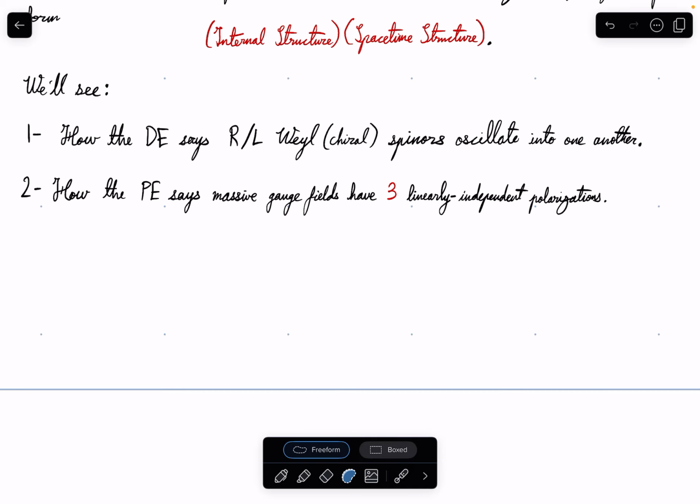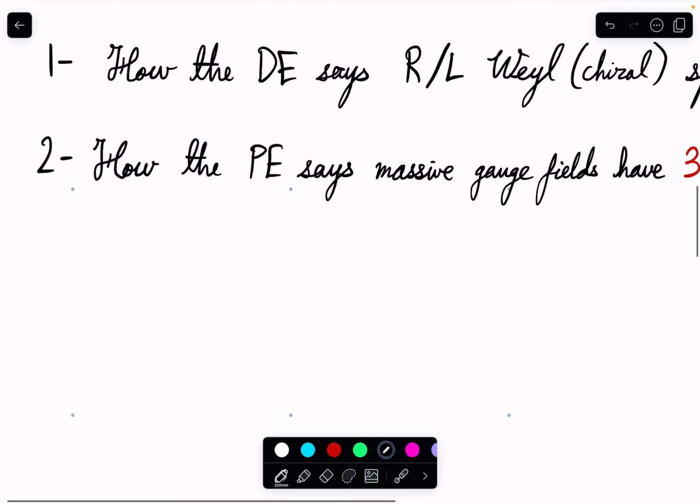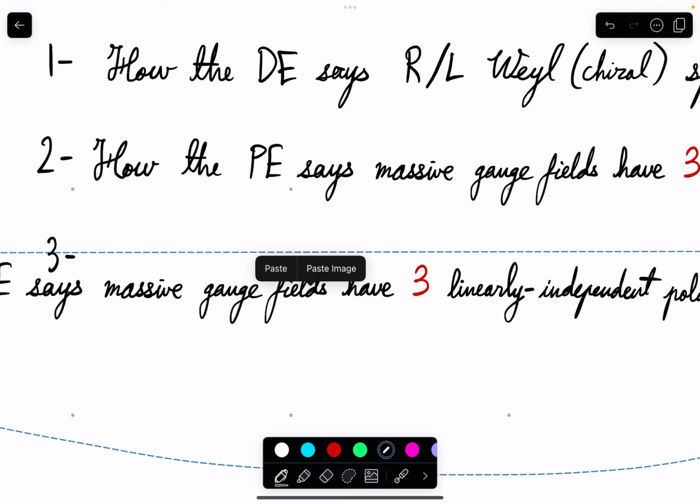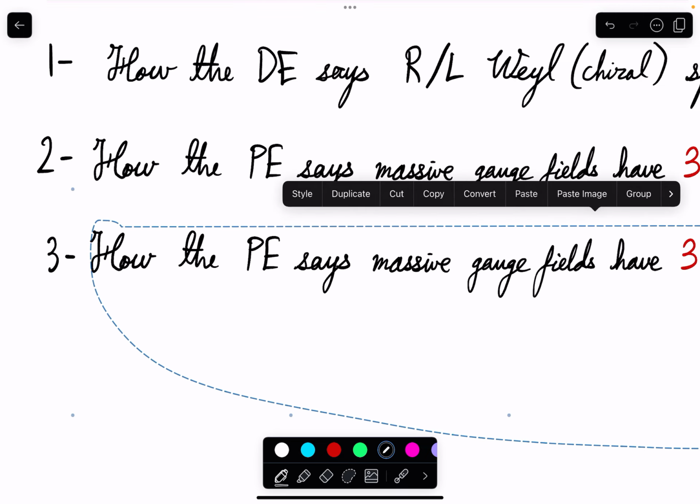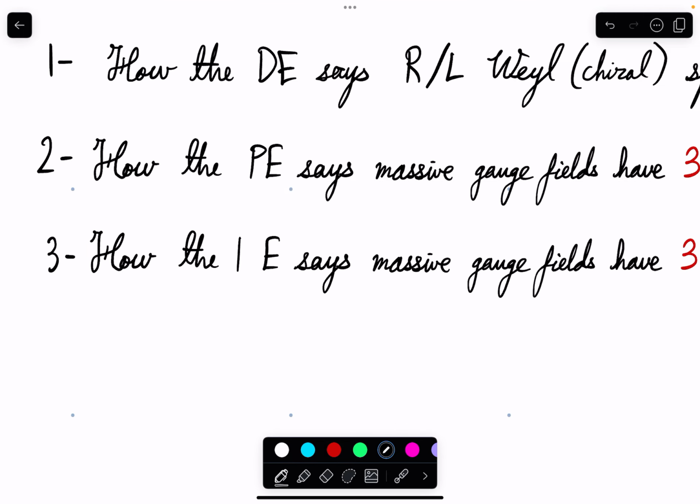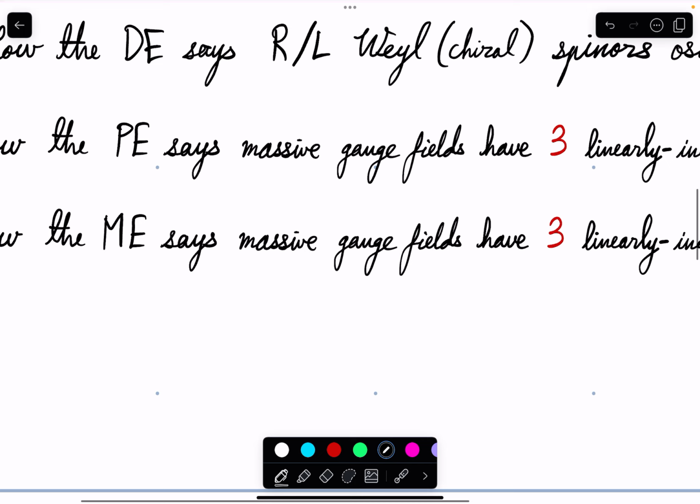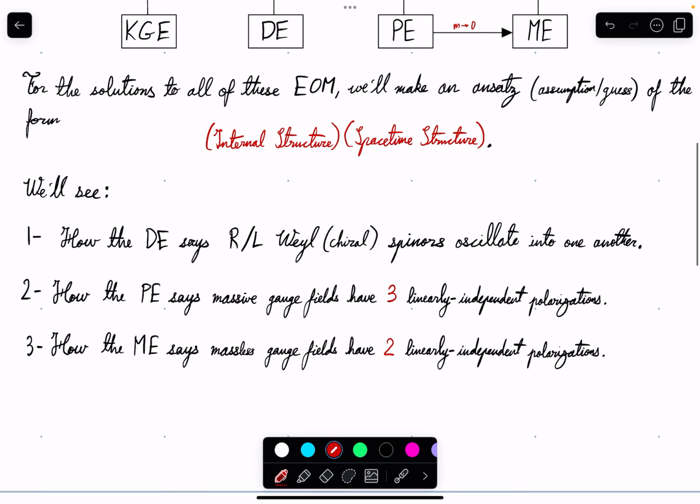And likewise, we will see how the Maxwell equation says massless gauge fields have only two linearly independent polarizations.